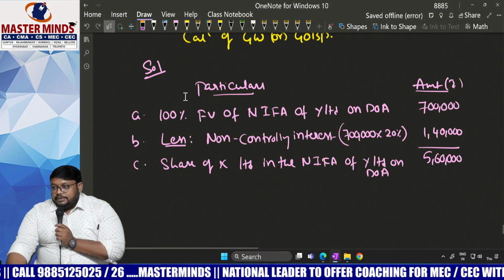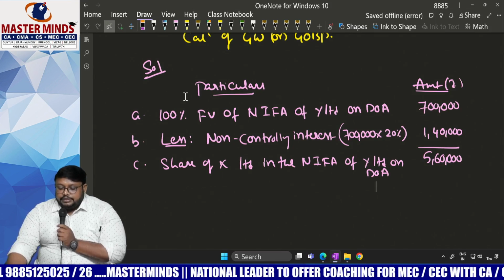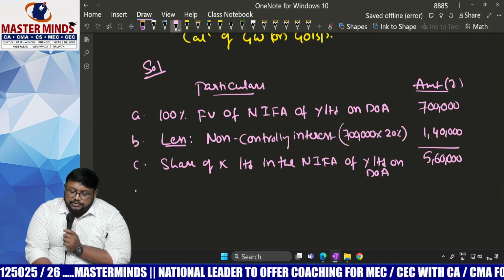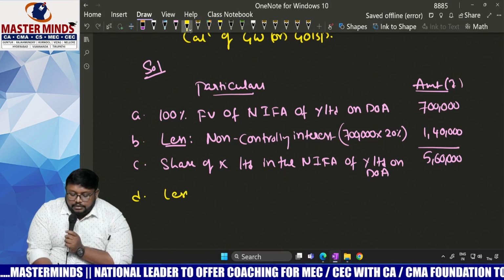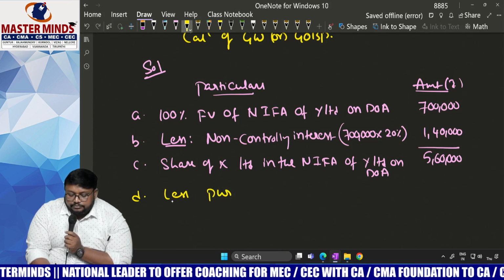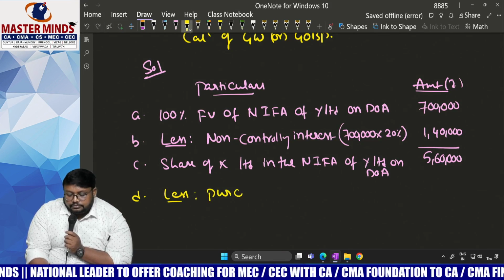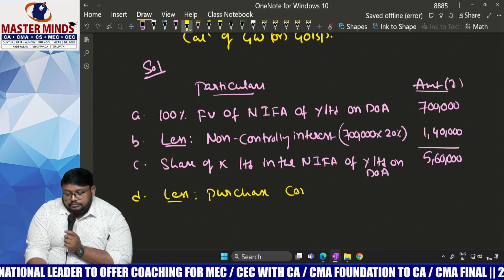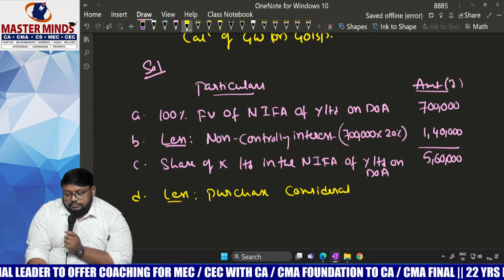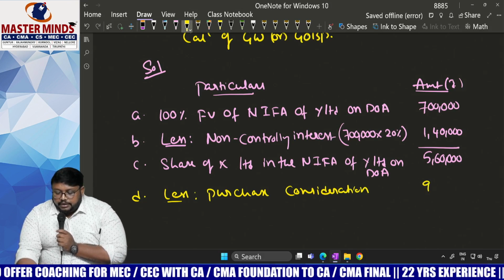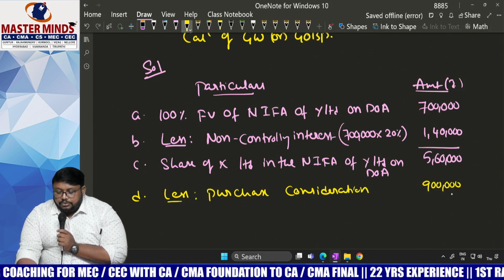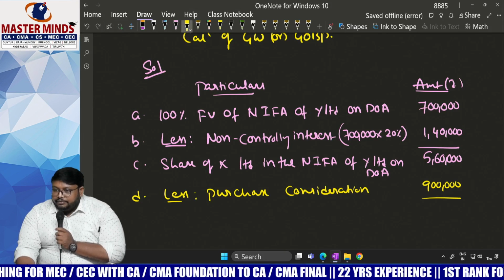5,60,000 worth of business is the acquirer share. How much is he paying for that? Less purchase consideration, nine lakhs. Don't write negative amounts. Here we need to compare.